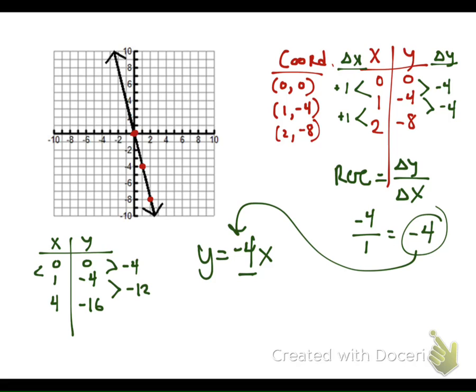My change in x here is 1, and here my change is 3. If I reduce my delta y over delta x, I'm going to come to negative 4. If I do my first one, negative 4 over 1, still going to get negative 4. So even if the changes aren't the same, like we have right here, you should still get the same rate of change if everything is working out the way it should. Okay? So there we go.